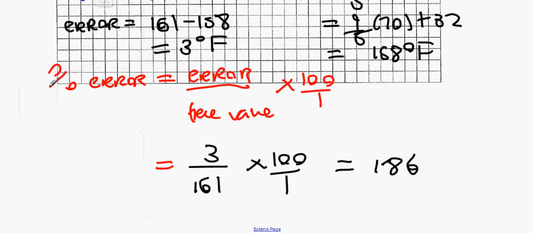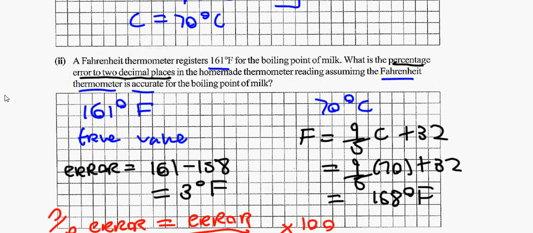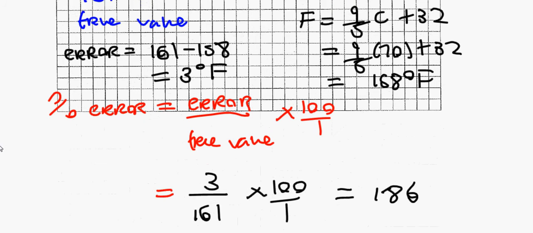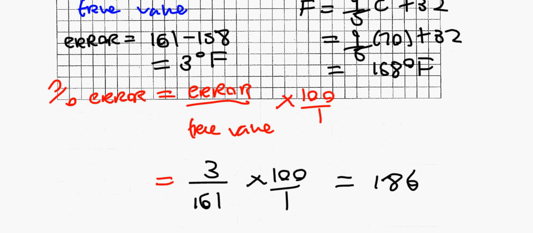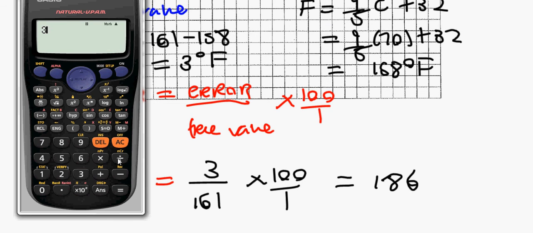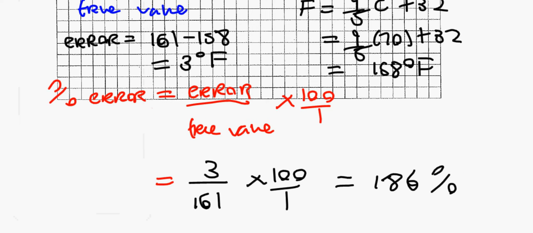True value was 161. The error was 3. The original value was 3 divided by 161, multiplied by 100. Let me just double check this. So 1.68%. Okay, and that concludes the end of this video.